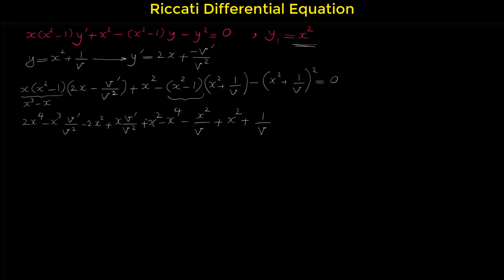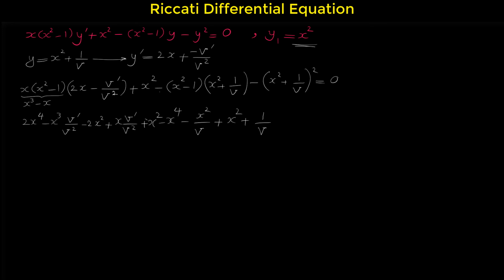When you want to multiply this bracket in this bracket, don't forget this negative for every term. So x squared times x squared is x to the 4, but we have this negative, so negative x to the 4. When we multiply x squared in 1 over v, it's x squared over v, but again, because of that negative, negative x squared over v. When we multiply this negative by x squared, we have negative x squared, but because of that negative, it becomes positive x squared. And finally, negative 1 times this is negative 1 over v, and then it becomes positive 1 over v.